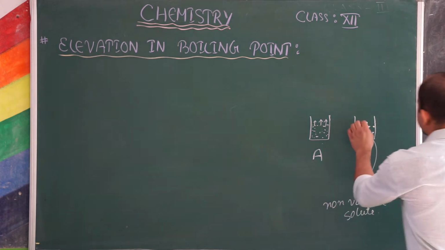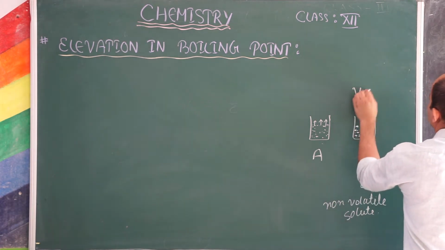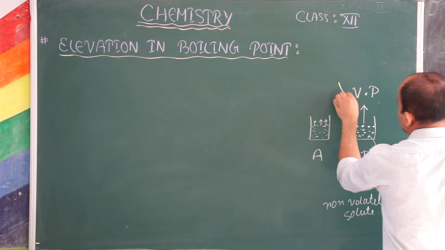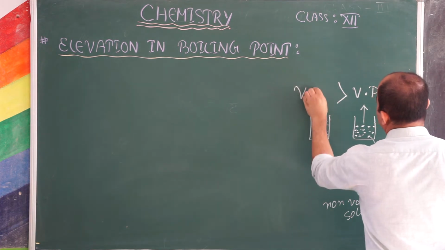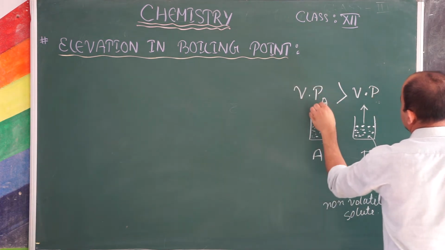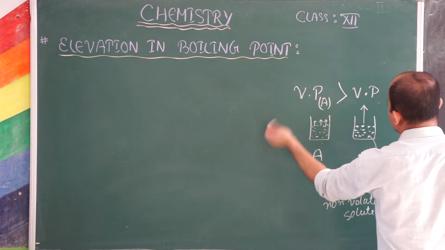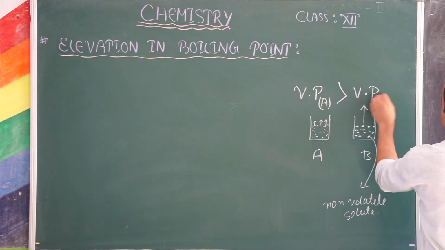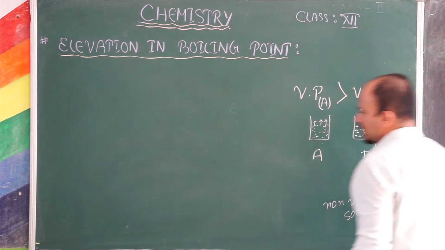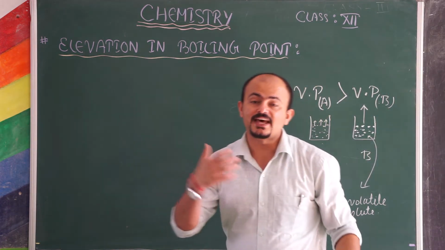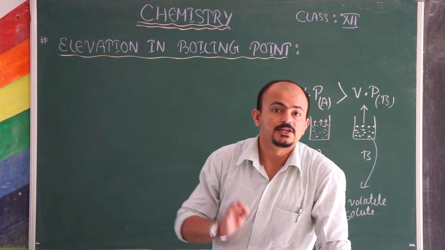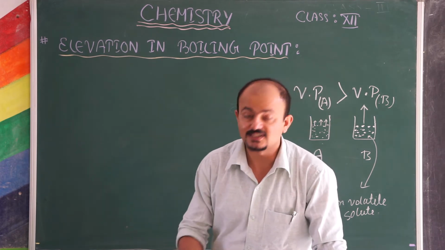Therefore, its vapor pressure will be less than the vapor pressure of A. The vapor pressure of A will be high as compared to the vapor pressure of container B. Now this will affect the boiling point of the solution. So that's what we are going to discuss now.